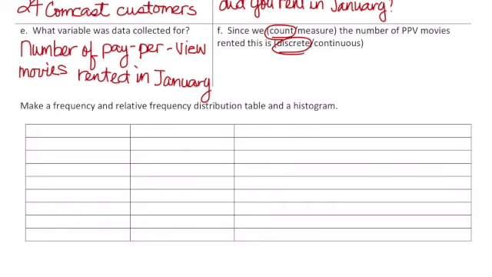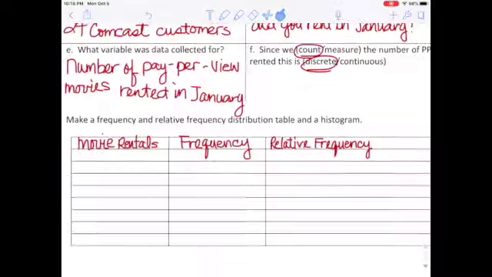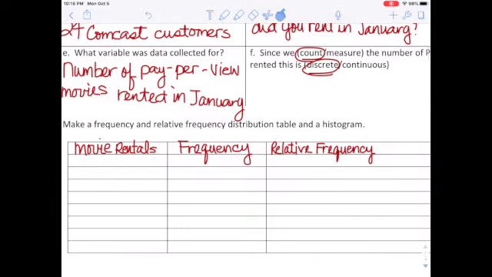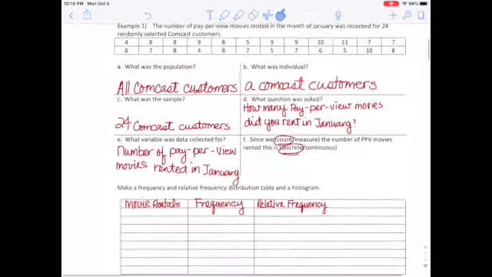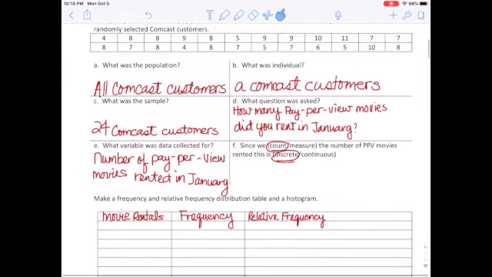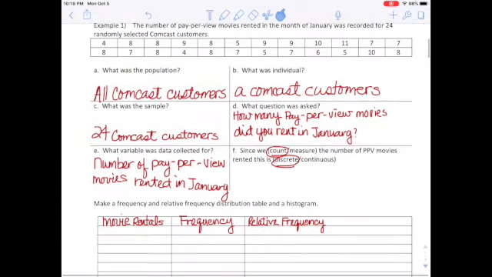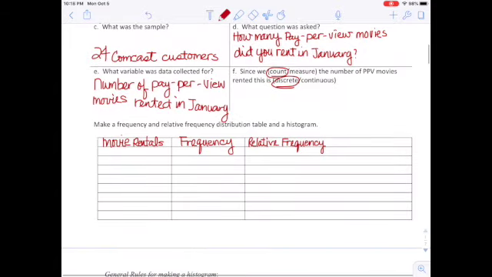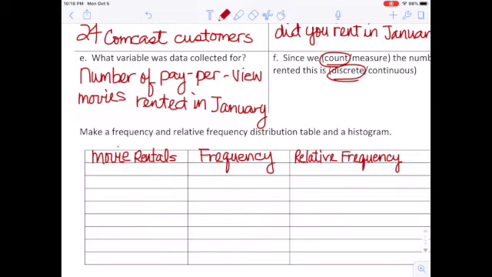Now what we're going to do is make a frequency and relative frequency distribution table and histogram. So we have the movie rentals, and this is the frequency, and the next one is relative frequency. For movie rentals, the smallest number you can see is 4, so I'm going to start with 4 and see if we can fit all of them in by 1: 4, 5, 6, 7, 8, 9, 10, 11.